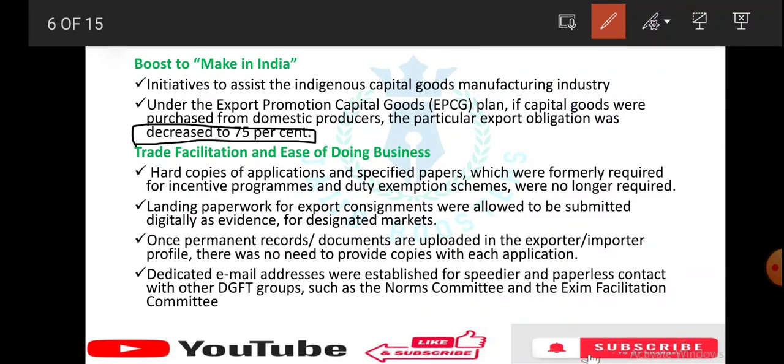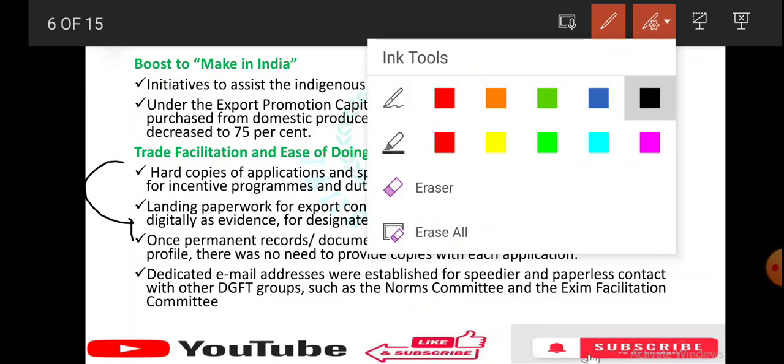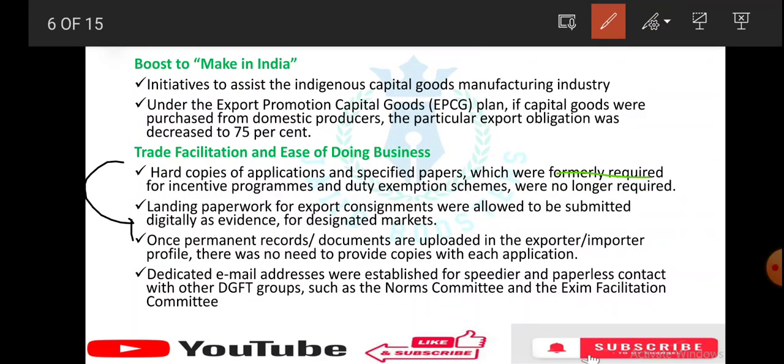Trade facilitation and ease of doing business. What does it define? Hard copies of applications and specified papers which were formally registered for incentive programs and duty exemption schemes were no longer required.